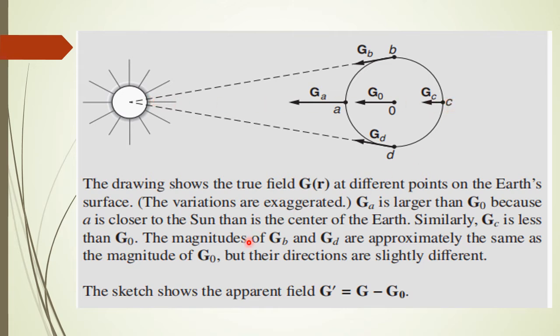The magnitudes of GB and GD are approximately the same, but they are not parallel and there is an angle difference between them. So this is the sketch. Now we are going to find the values of the apparent field G' at the points A, B, C, D. It is given by the relation G minus G0.